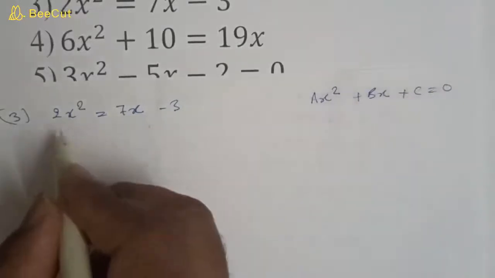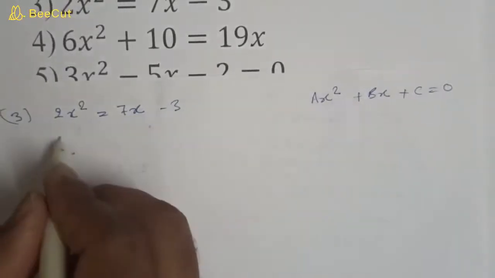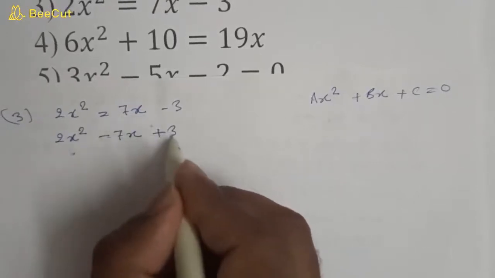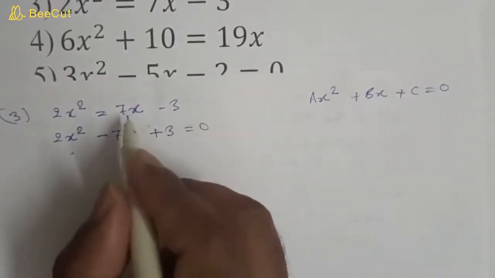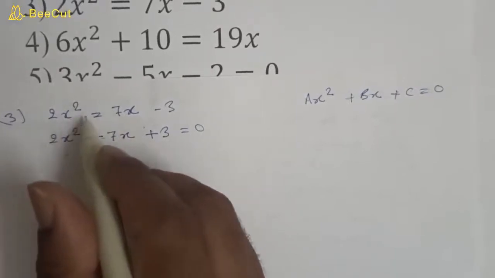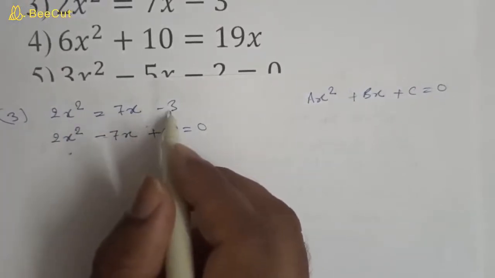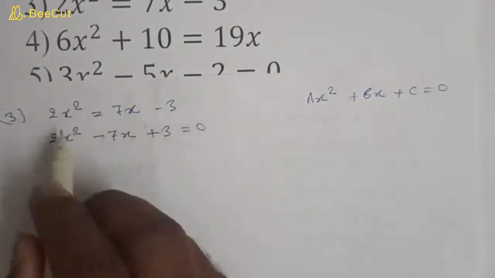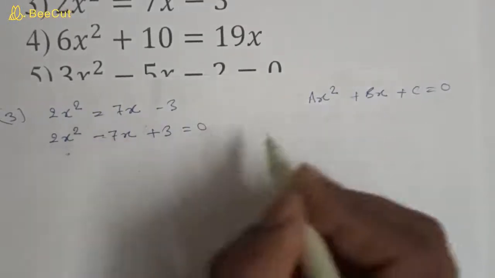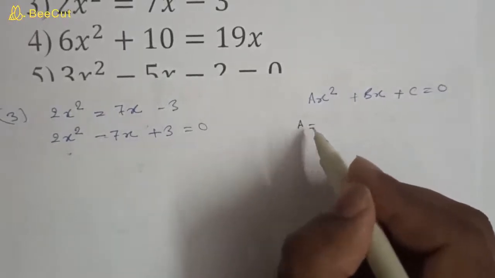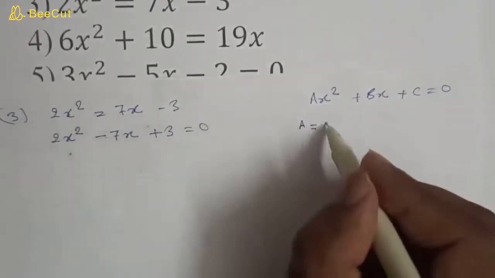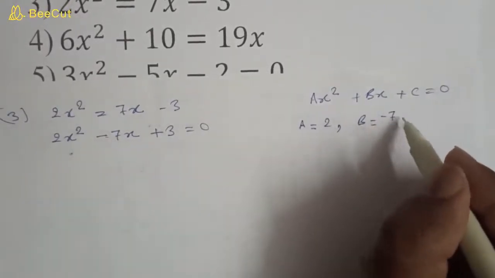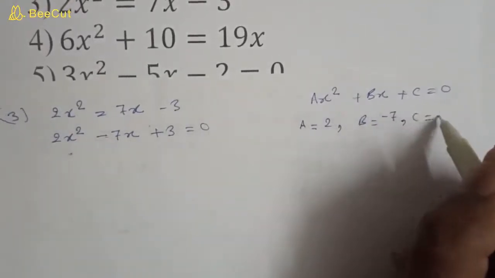So we will write 2x square minus 7x plus 3 is equal to 0, because if plus 7x comes to this side it will become minus 7x, and if minus 3 comes here it will become plus 3, since it is changing sides. Comparing, a is equal to 2, b is equal to minus 7, and c is equal to 3.